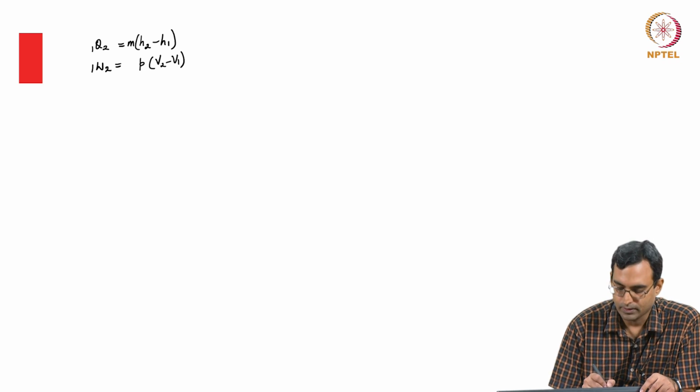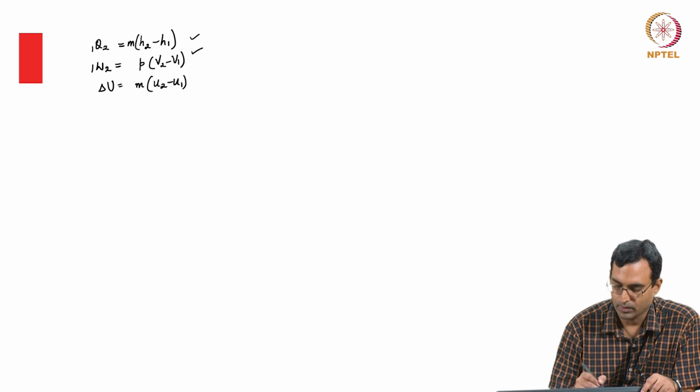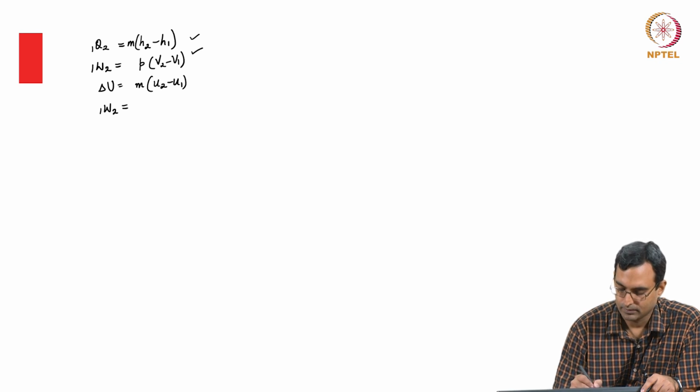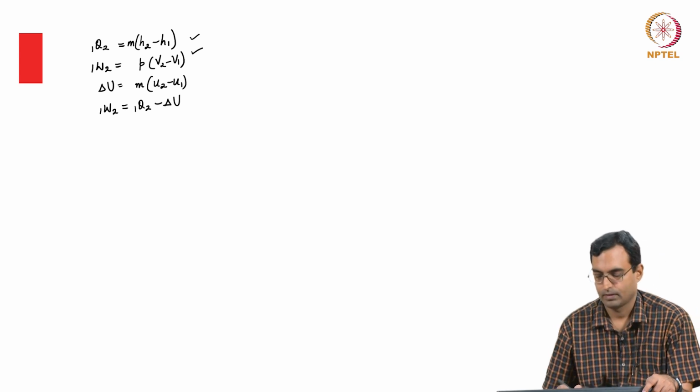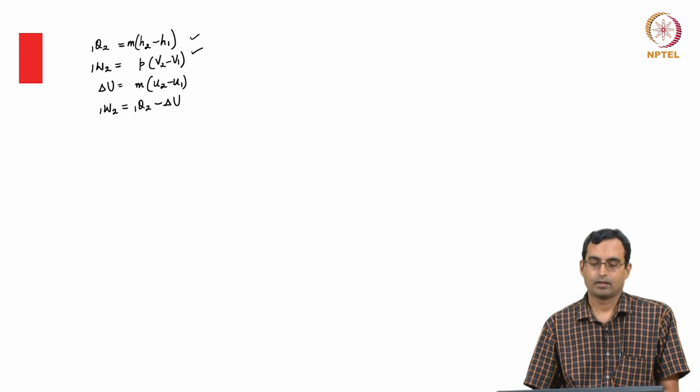What I can also do is find out delta U, which would be mass times U2 minus U1. So, I can either find out these two directly in this fashion, or I can find this and use the first law, which tells me this.